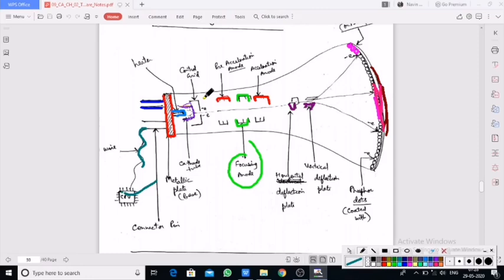So whatever amount is required, it controls, right? It makes the balance. That is the control grid. Also it moves the cathode ray forward. The negatively charged cathode ray electrons, it moves them further forward also.